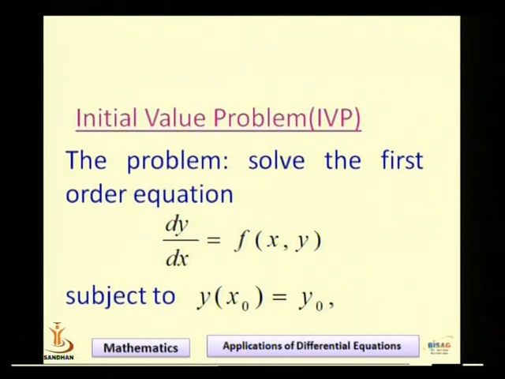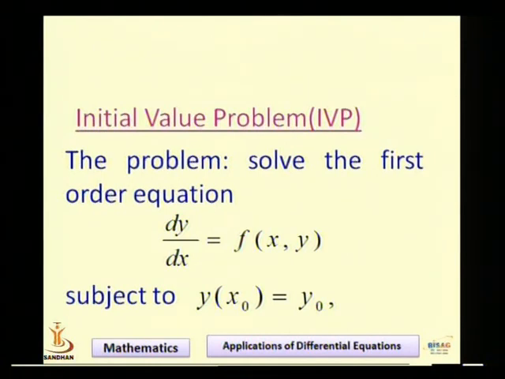Now, when you talk about the solution of differential equations, solutions satisfying certain conditions are also important. Usually we call them initial value problem, IVP. What is an IVP?